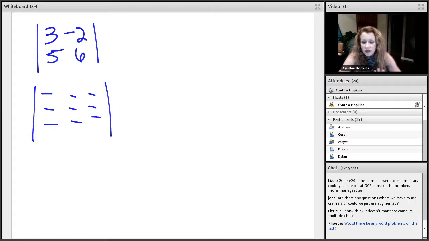So I'm just saying if you don't know how to do Cramer's rule or determinants, or you don't know how to do augmented matrices, it doesn't necessarily mean that they're going to ask you to solve a system using a specific method, because you're right, it's multiple choice. If they're only after the answer, you can use any technique you want. But if you're asked a specific question, how do you evaluate this determinant, or how do you do something with an augmented matrix, then you better know how to do it.